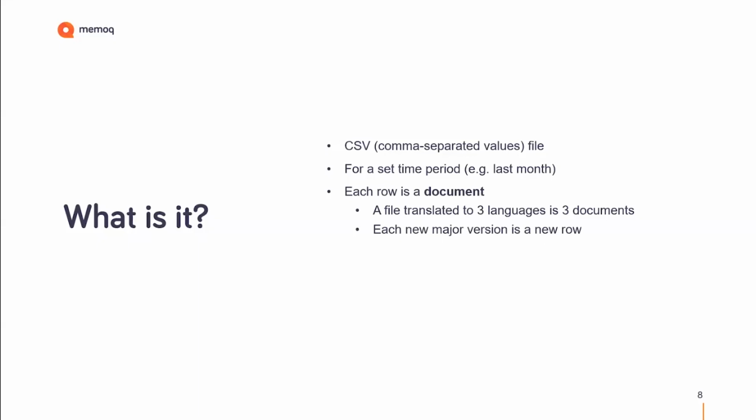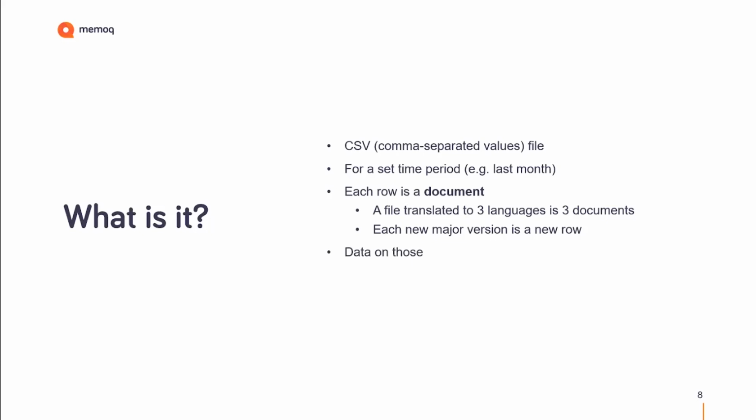So if you re-import your document, then it will be represented in a new row in the CSV report. So for people who re-import their documents whenever there is a new, I don't know, software release, those will be separated. And in the columns, we have the data.